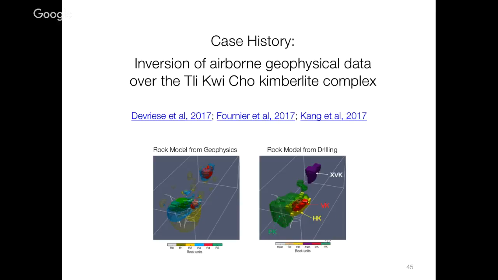And what we're concentrating on here is to see, for kimberlite exploration, how much information you can really get from airborne surveys. So we're going to look at a variety of data, but I'm going to concentrate on the EM decoupling and the use of airborne IP.